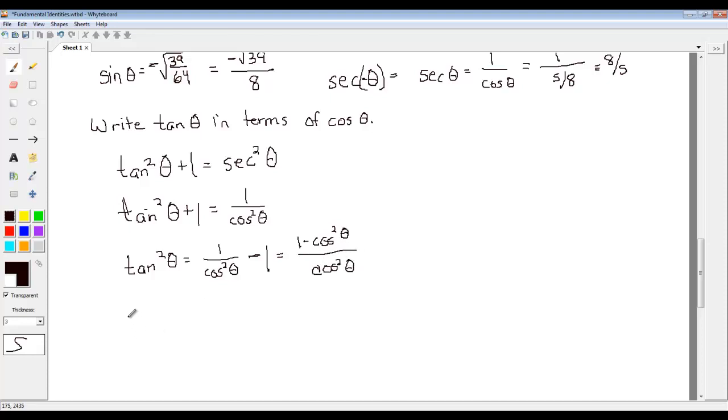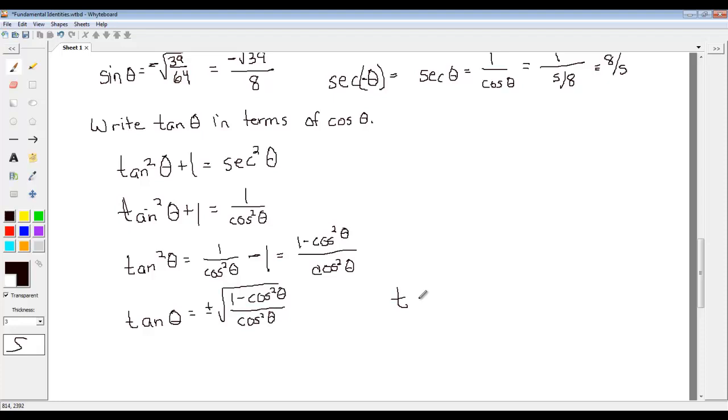Let's do the square roots of both sides. Tan theta equals, you gotta do positive or negative, square root of 1 minus cosine squared theta over cosine squared theta. Well, guess what?